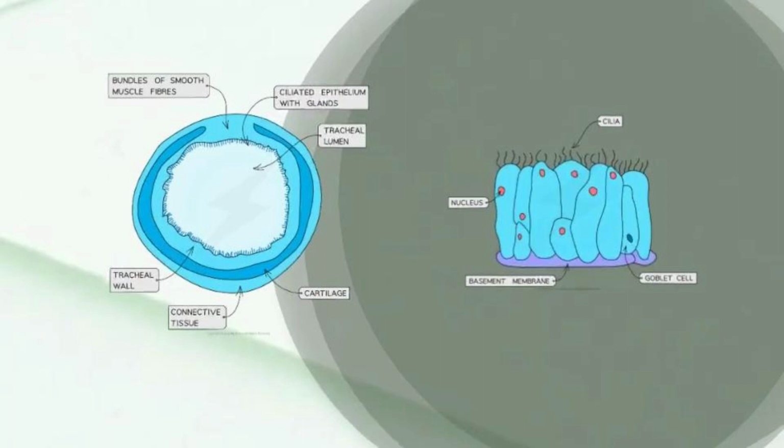The smallest of the bronchioles, so reaching the very end, have alveoli clusters at the end. This is more of a histology image finally, and you can see that there is a basement membrane attached to the goblet cells which are ciliated. So the surface of the trachea, the bronchi, and some of the bronchioles have cilia attached.